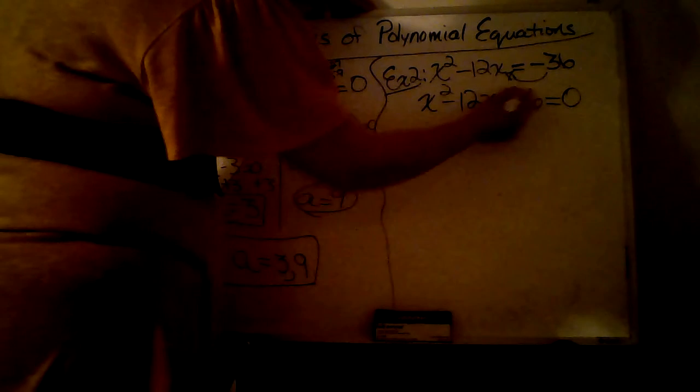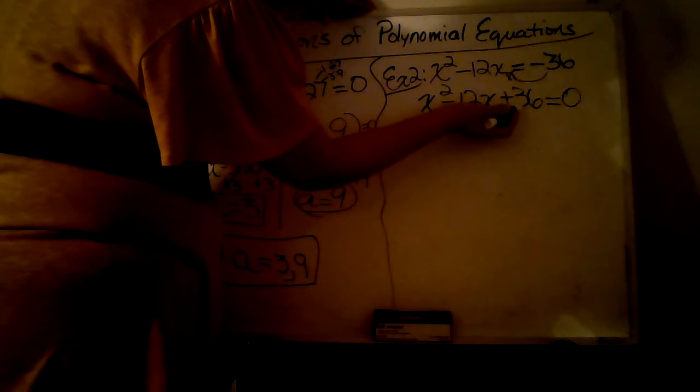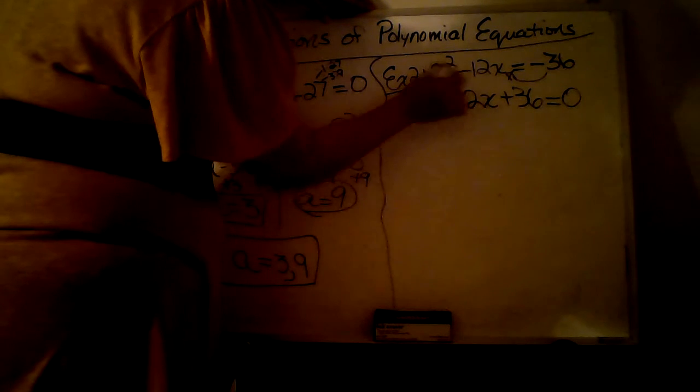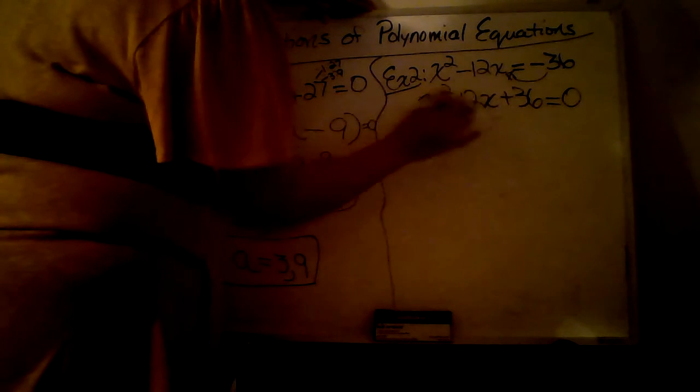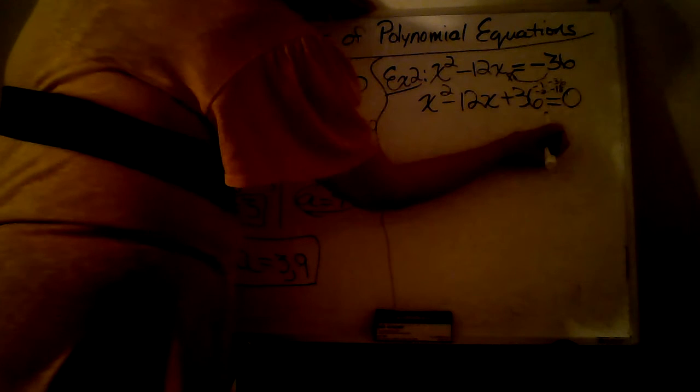So now we find the factors that multiply to be 36 and then add to be negative 12. So that means both our factors are going to be negative. So for 36, we have negative 1 times negative 36. We have negative 2 times negative 18.